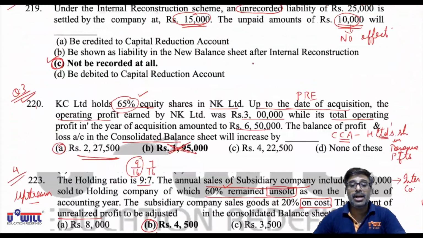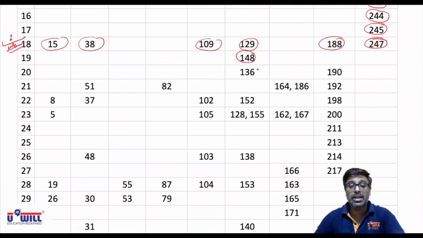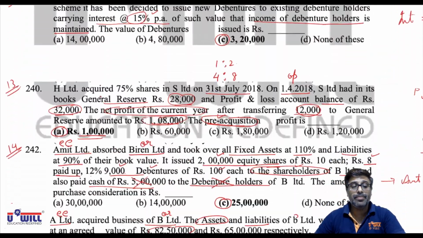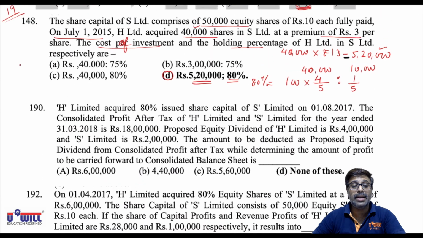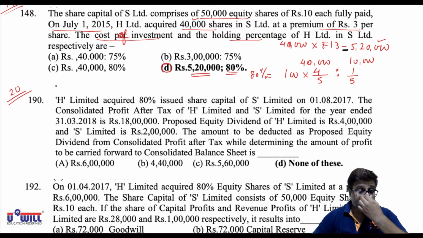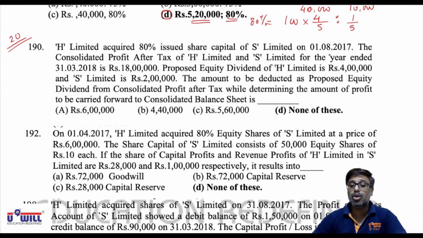Now after question 19, look at 20th question, that is 190 question number what we are solving. Question number 190, that is 20th. H Limited acquired 80% issued capital of S Limited on 1/8/2017. Okay, 80%, 20% is the ratio of degree of control. 1st August is the date of acquisition.